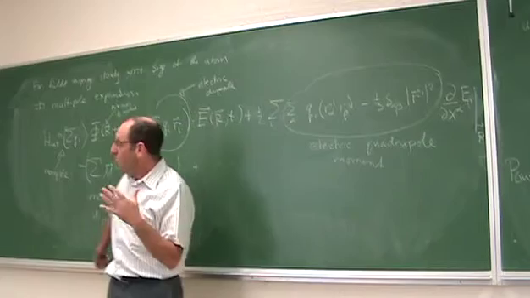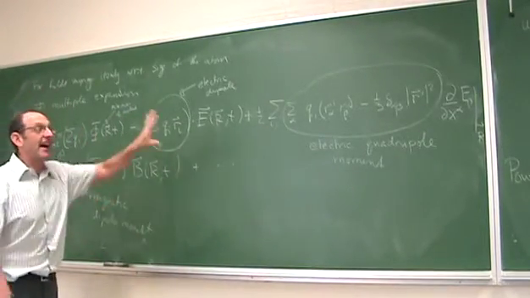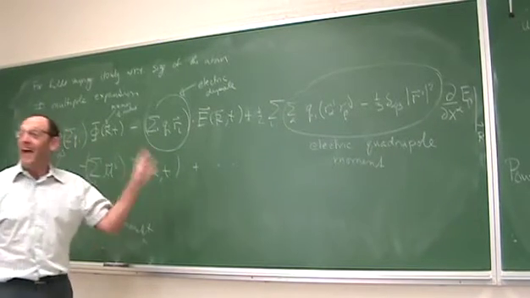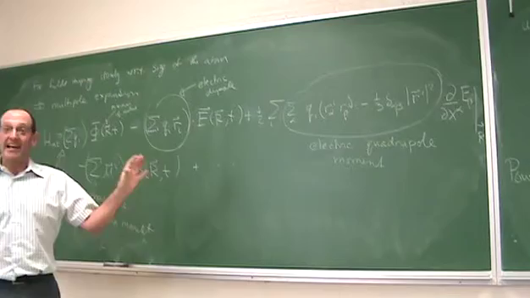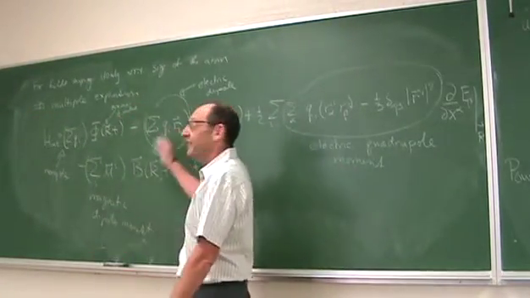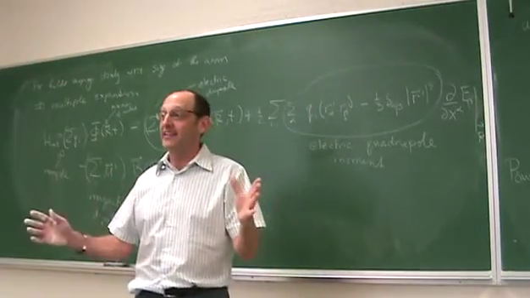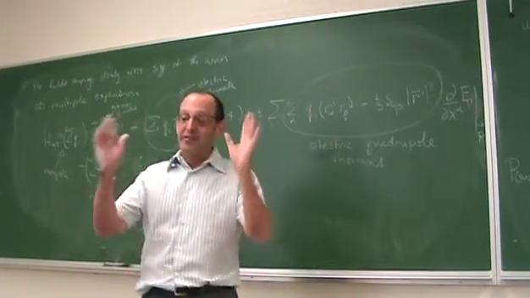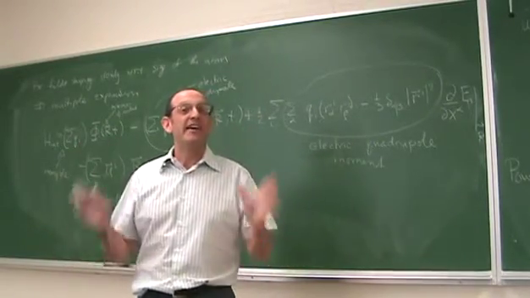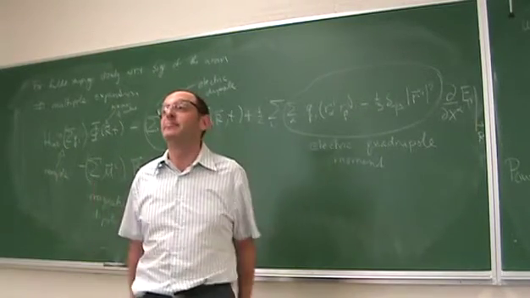What I would urge you to do for next lecture, obviously this kind of description requires us to think about tensors in quantum mechanics, because we got the quadrupole tensor, we got vectors. So, if you've studied tensors in quantum mechanics and the Wigner-Eckhart theorem, now is the time to review that. We'll do it again next time.